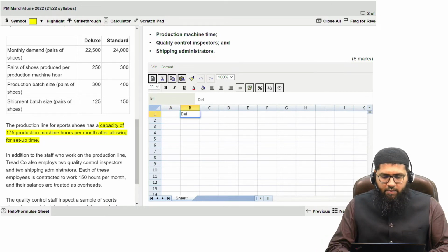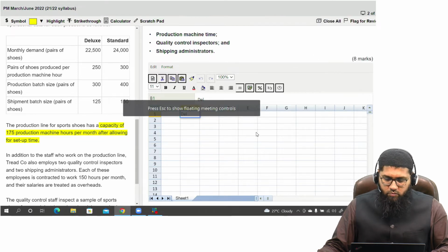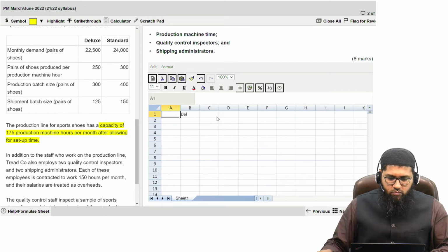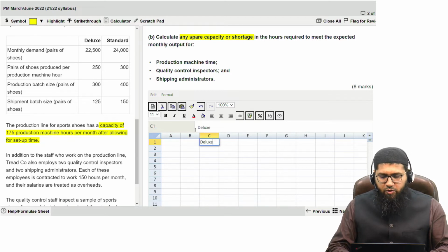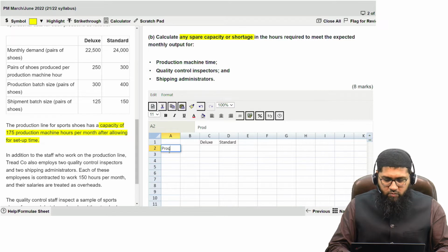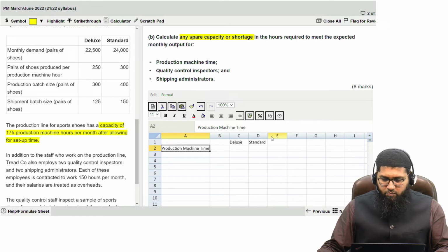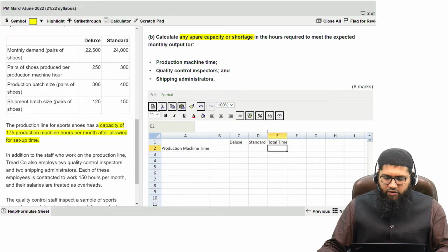If I talk about these products individually, deluxe and standard, number one is the production machine time, and the total time required also needs to be established.